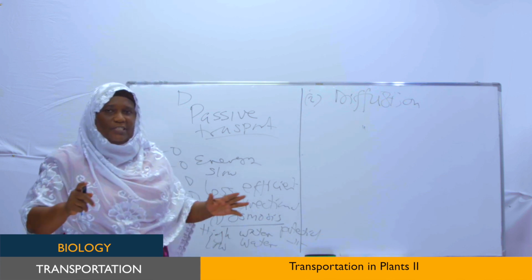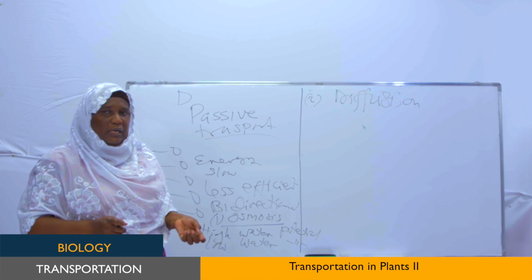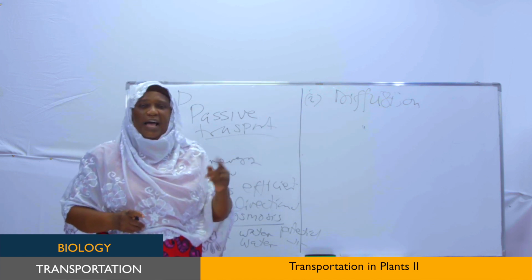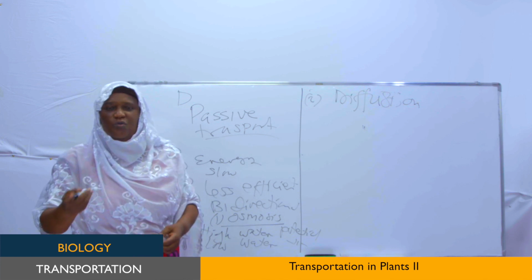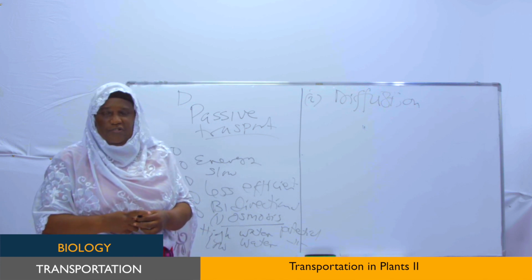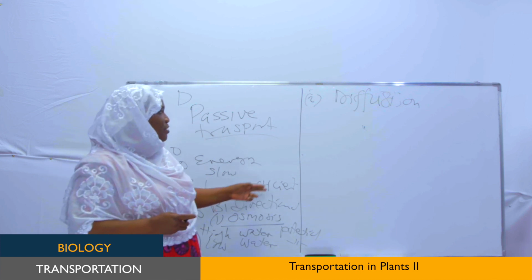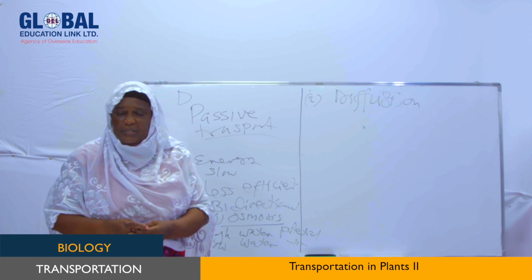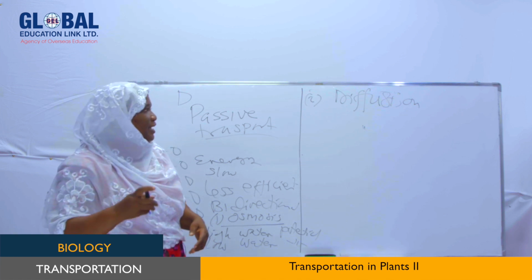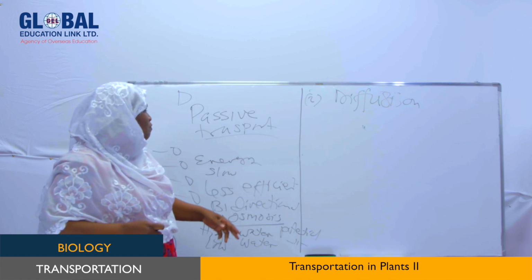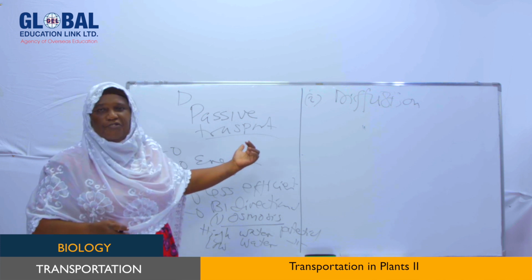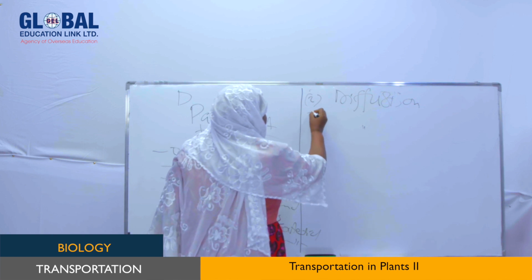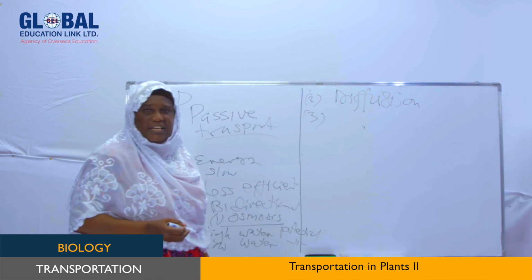But other materials apart from water move by diffusion from the area of their high concentration to the area of low concentration. In both cases, energy is not needed. That is why they have been categorized in the group of passive transport. Number 3 is facilitated diffusion.